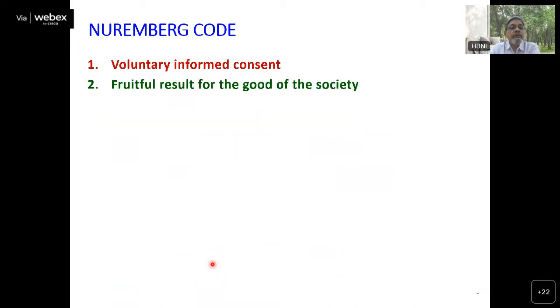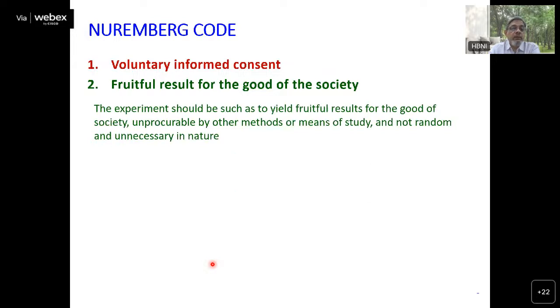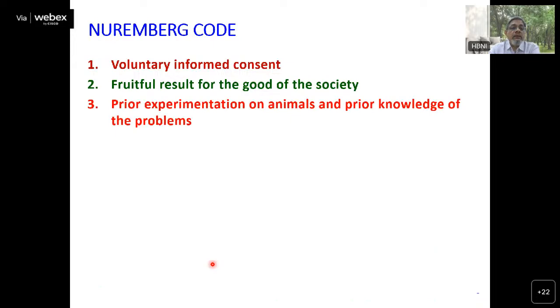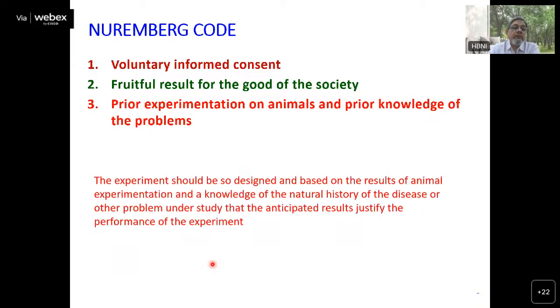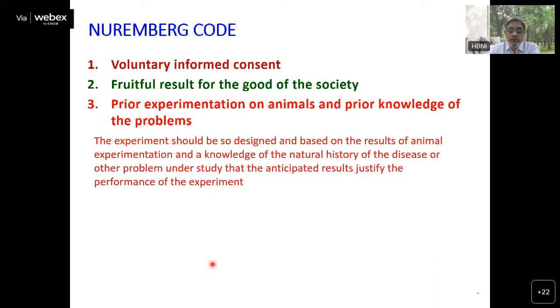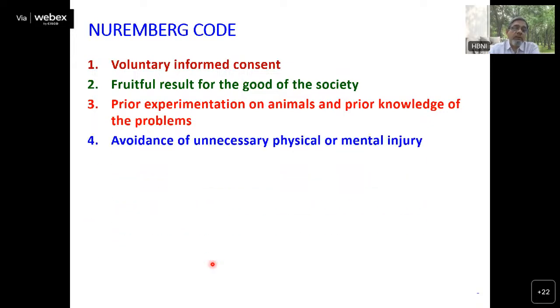Then fruitful results for the good of society. The experiment conducted should be such that it must yield some fruitful results for the overall good of society. Then there should be prior experimentation on animals, and knowledge of the problem should already be present. That means whatever trials you are going to do on humans must first be done on animals, what is called animal experimentation, and only based on the results that come out of that do you go ahead with human experiments.